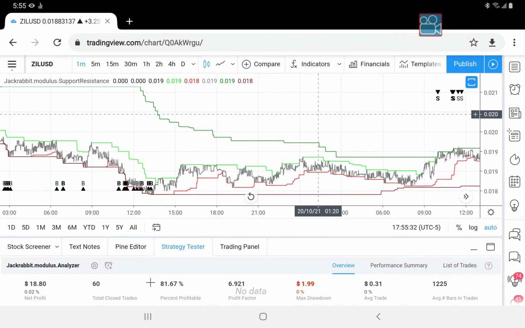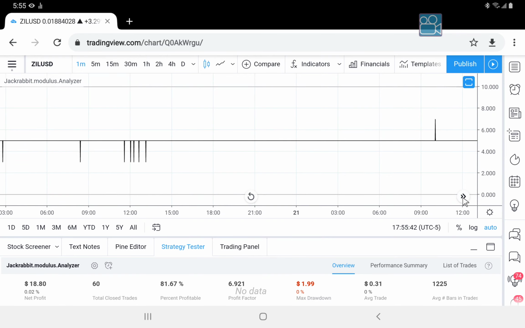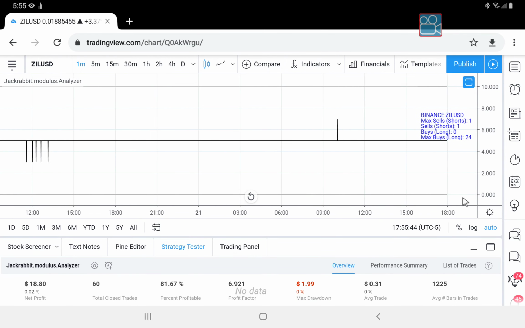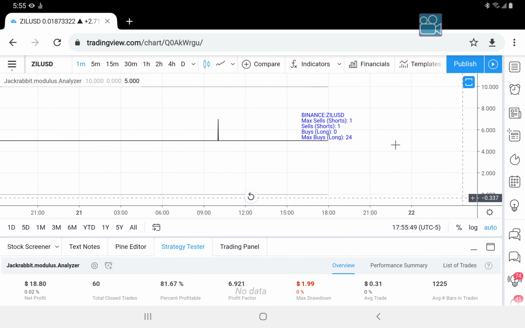The amount of trades, not bad, and the profit. And of course, the part that everybody wants to know, how much is my exposure? If you were to follow this process, it would be $240.